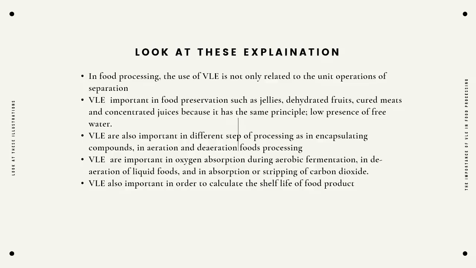So we use the VLE principle also to calculate the shelf life, so that we know when spoiled food can occur, so that we can block it from being marketed to the consumer. That is also a very important use of VLE principles in the food industry. I think that's it for the importance.